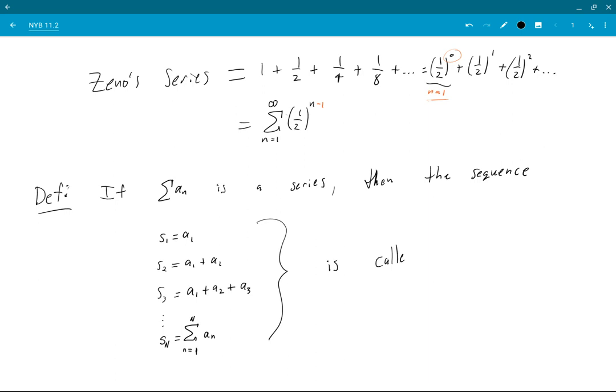So this is a sequence, S1, S2, S3, S4. So we call this the sequence of partial sums for our original series, sigma an.